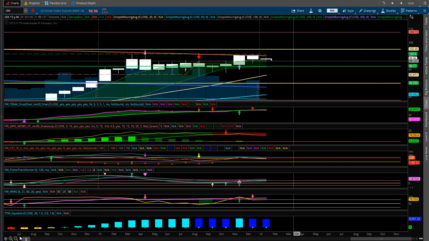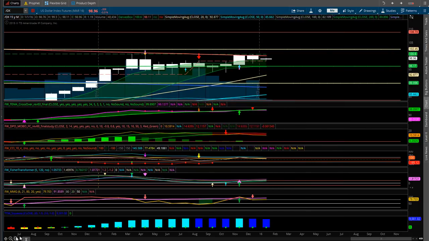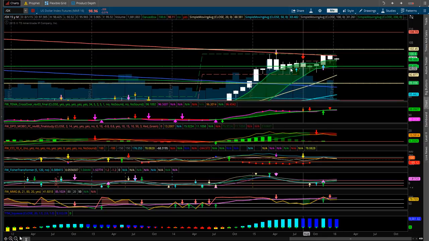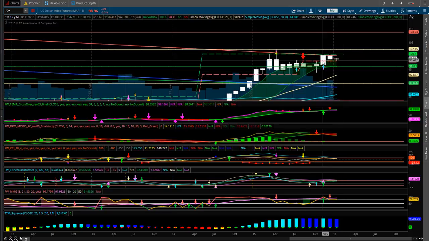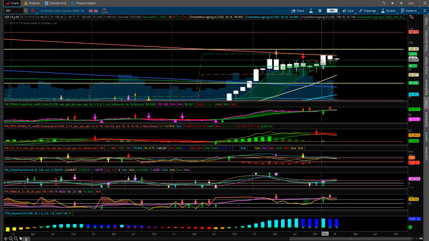Oh, there you go. 20, 50, 50% level right here. Strong. Resistance right now is at that 100. Was that high there? It's actually the 107.8 that is resistance.